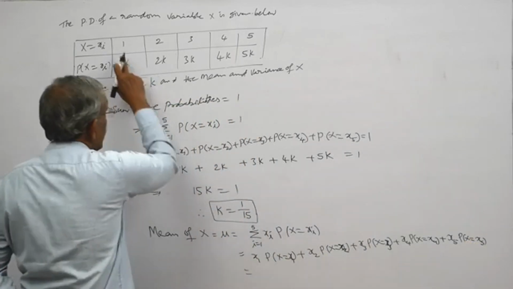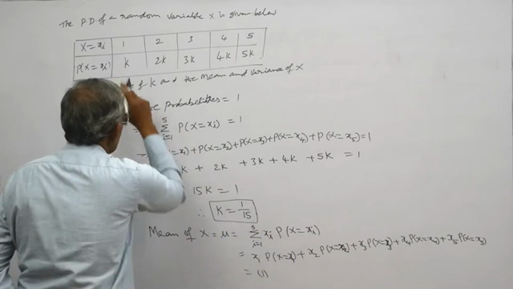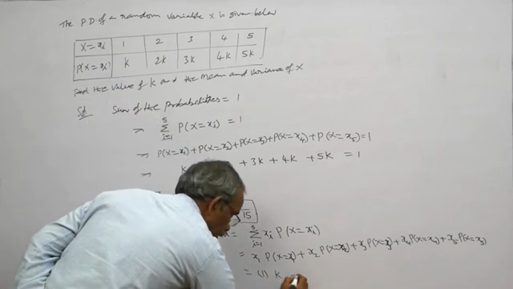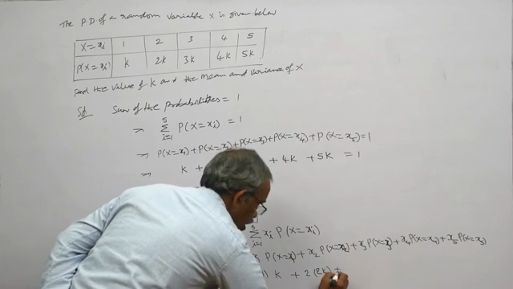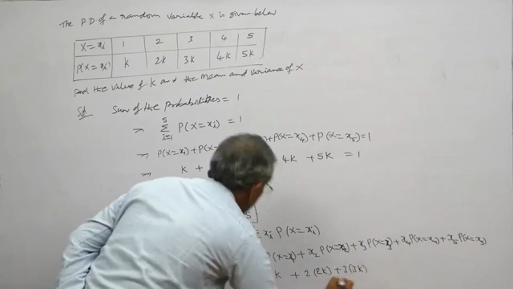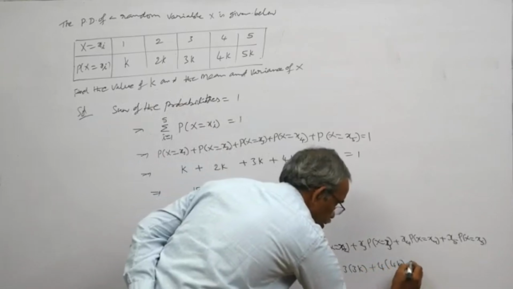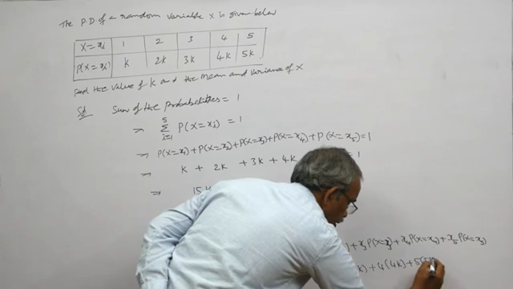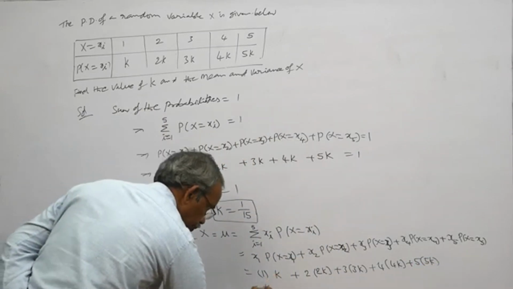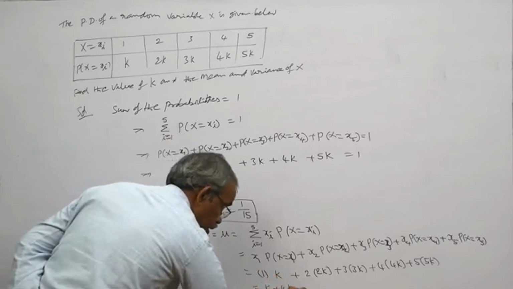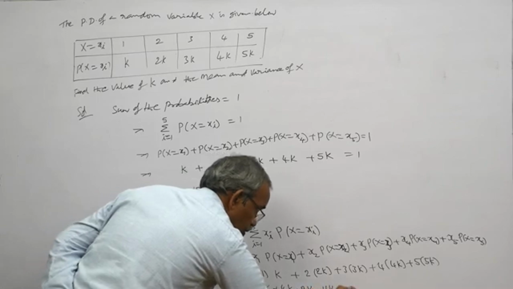x1 is equal to 1, therefore 1 into probability of x equal to 1, that is equal to k. 1 into k plus 2 into 2k plus 3 into 3k plus 4 into 4k plus 5 into 5k, that is equal to k plus 4k plus 9k plus 16k plus 25k.